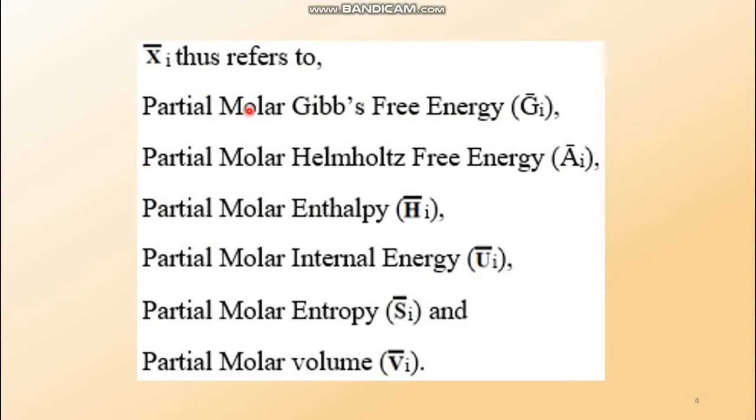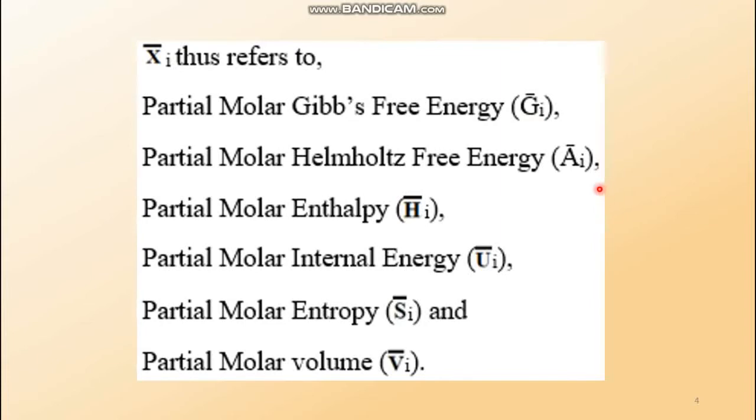Now this Xi bar, what does it refer to? It refers to the partial molar Gibbs free energy. You can also say partial molal Gibbs free energy. Both terminologies have the same meaning. So if it represents G, that means Gibbs free energy, then it is partial molar Gibbs free energy or partial molal Gibbs free energy.